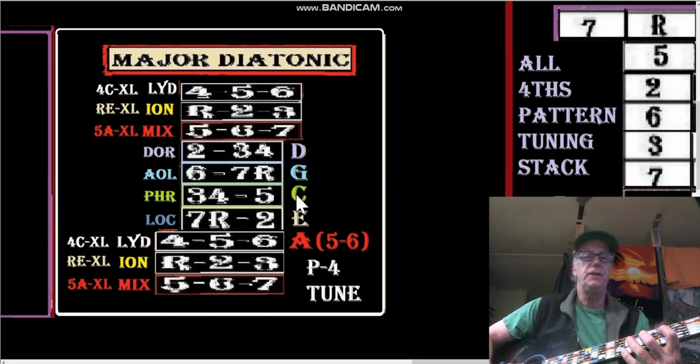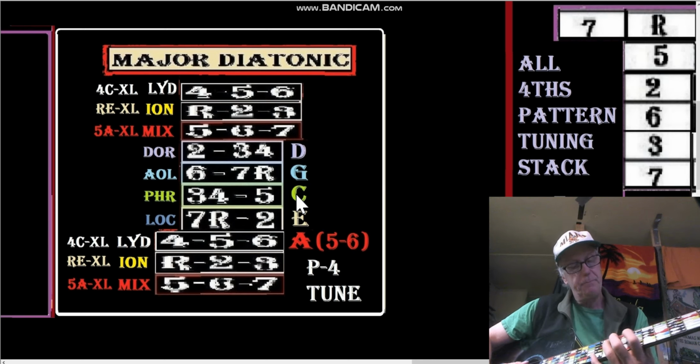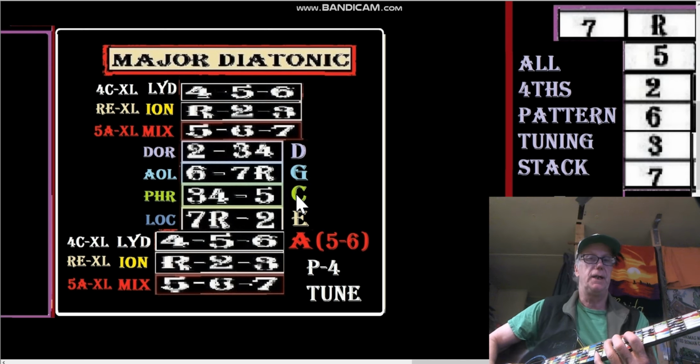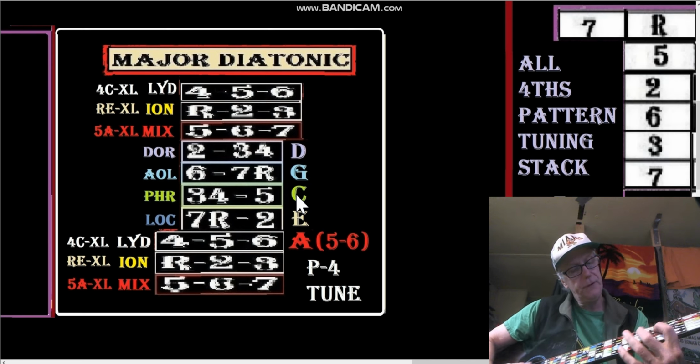It goes C-A-G-E-D, so G goes to E. So when you go up one, you're taking it to the 4th of the original, sorry. So when you go up one cage, you're going down one string shape. Okay? So 5th, 4th. Like that.